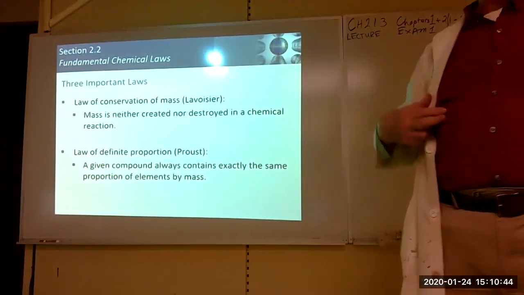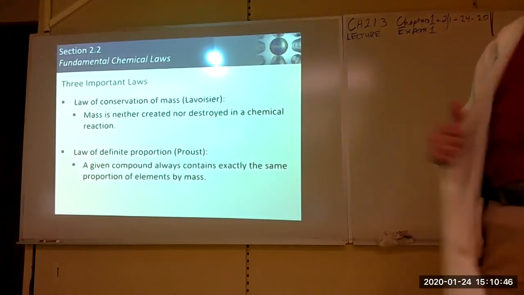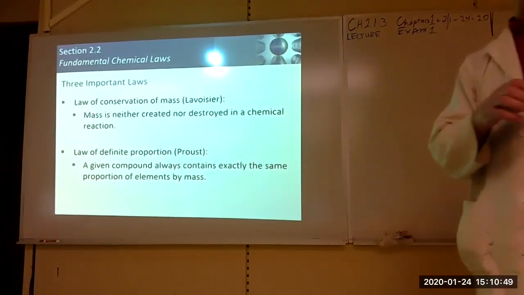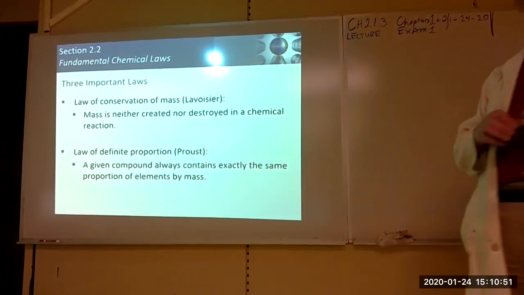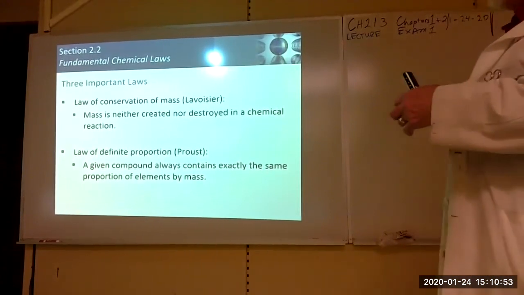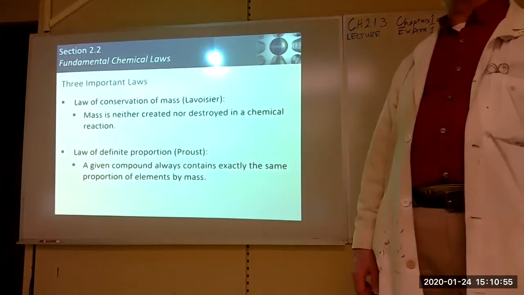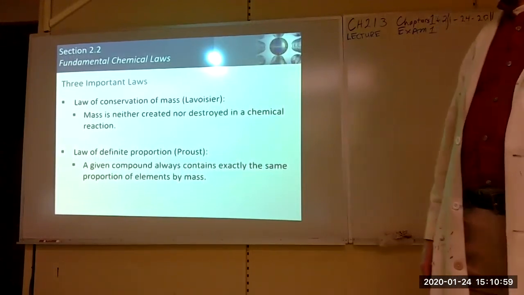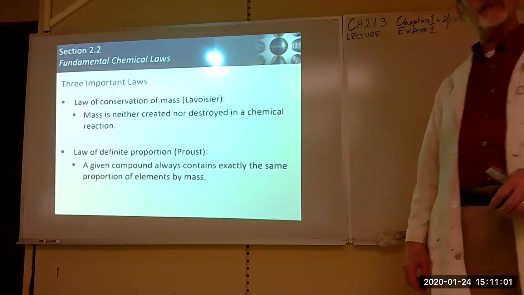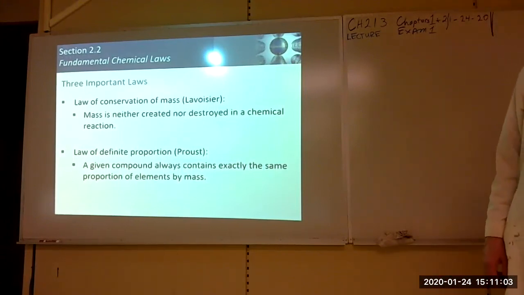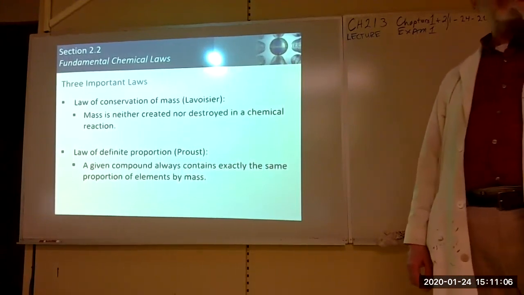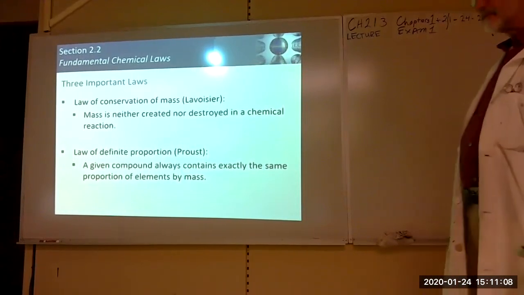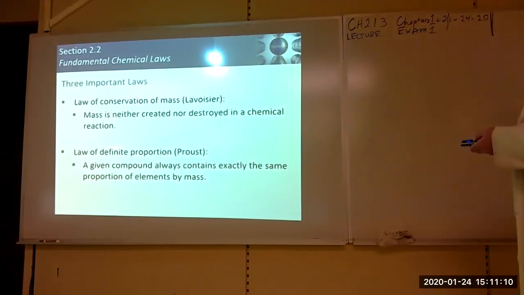From that point on, that compound will have exactly the same mass ratio of elements. Right? So water would be 18.2% hydrogen, I think, and the rest is oxygen, whether it's derived from the space shuttle engine or whether you purified it by distillation. That's the law of definite proportion.